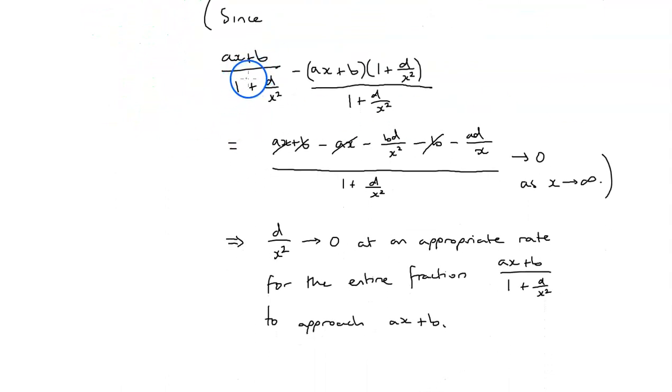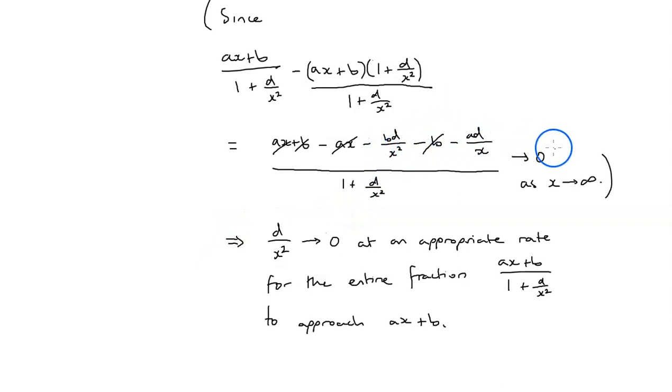One way to show that is to consider (ax + b)/(1 + d/x²) minus (ax + b), which is the same as (ax + b) times (1 + d/x²) divided by (1 + d/x²). If you do that multiplication, everything cancels down to minus bd/x² minus ad/x, divided by 1 + d/x².